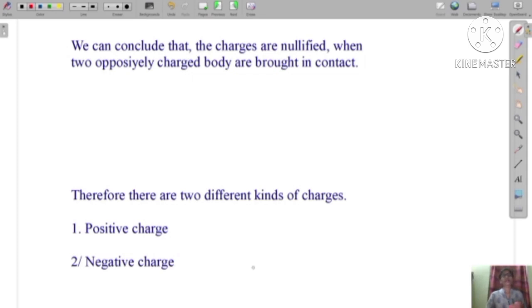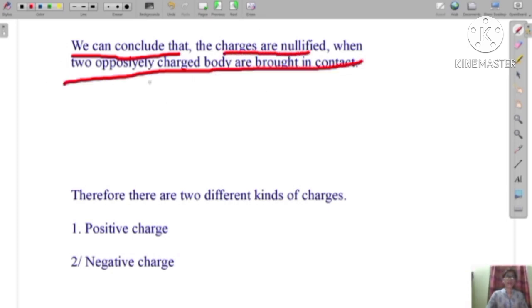You can consider either plastic rod or ebonite rod. When we consider those two examples, we conclude that the charges are nullified when two oppositely charged bodies are brought in contact.